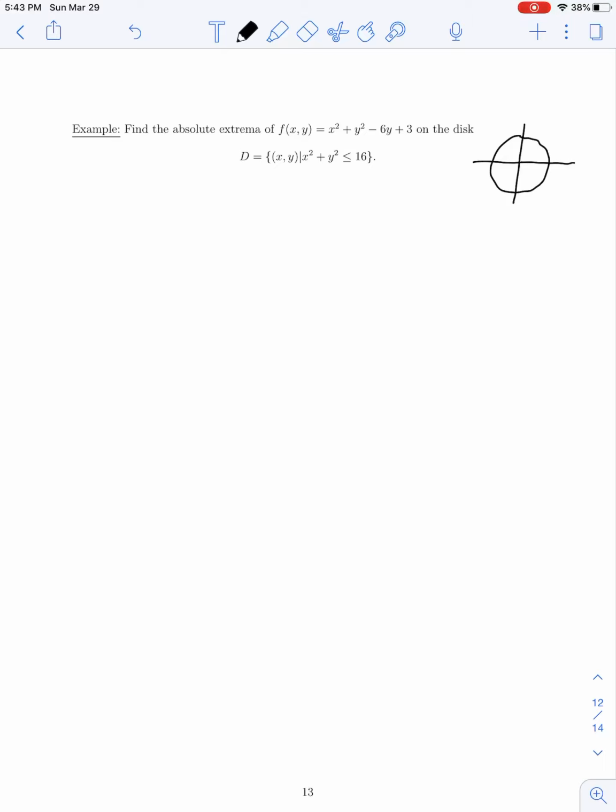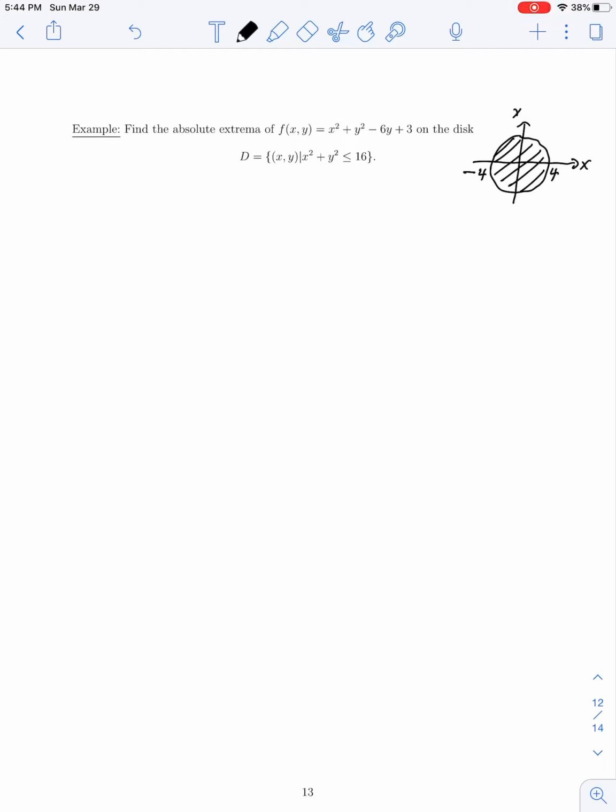So here, the set that we're restricted to is the disk centered at the origin of radius 4 within the xy plane.